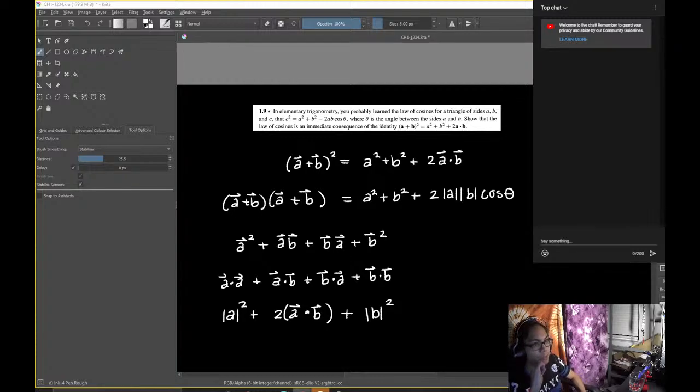So C will make it, dang it, show that the law of cosines is an immediate consequence of the identity. Okay. So I made a mistake here. I'm trying to go from there to there then, if that's the case. If I wanted to do that.